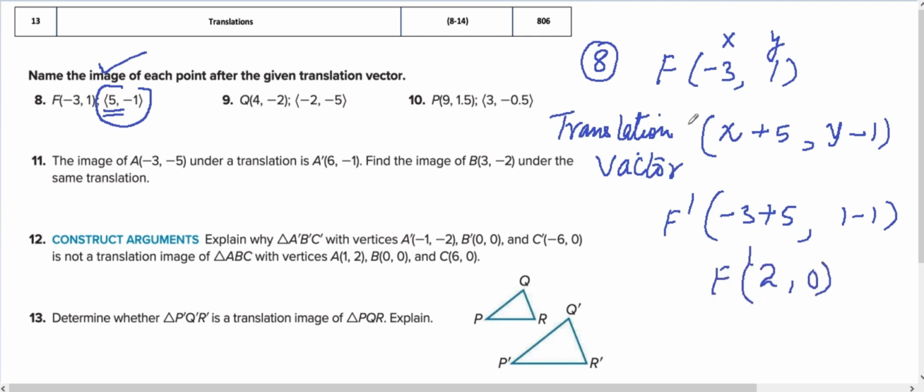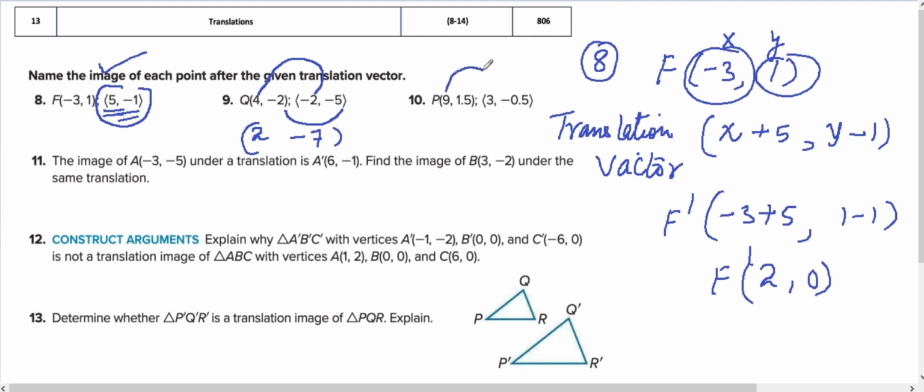Here I am adding 5 and here I am subtracting 1 because of the translation vector. Similarly, here 4 minus 2 is 2, and -2 minus 5 is -7. That's its image. Similarly, 9 plus 3 is 12, and 1.5 minus 0.5 is 1. So these are the images.